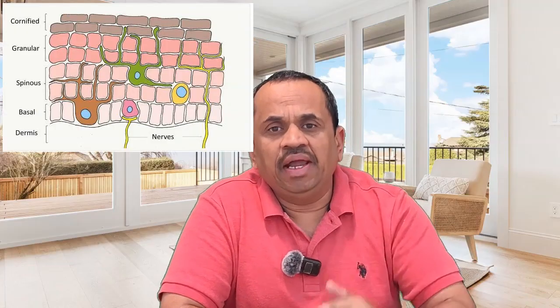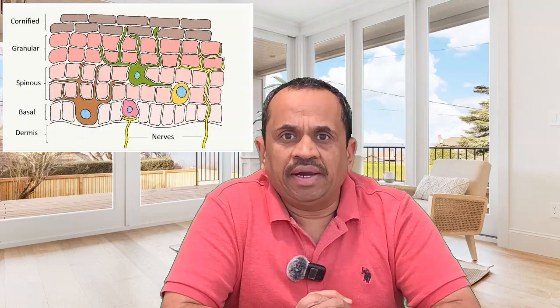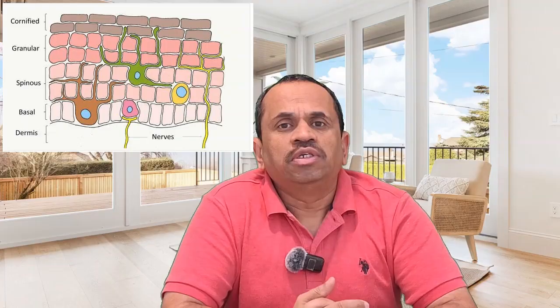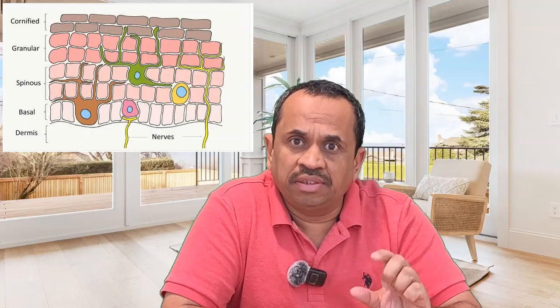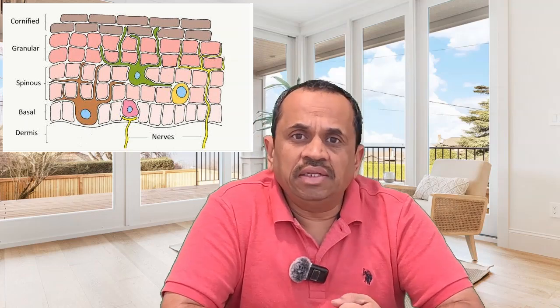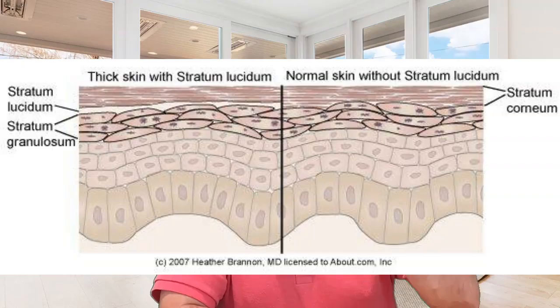The layer above that is called the granular layer, or stratum granulosum. These cells are around 3 to 4 cell layers thick, and they contain granules of keratin and other materials. The layer on top of it is called stratum lucidum. Lucid means clear.